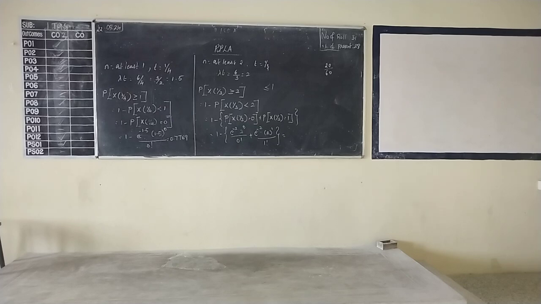A radioactive source emits particles at the rate of 6 per minute in a Poisson process.